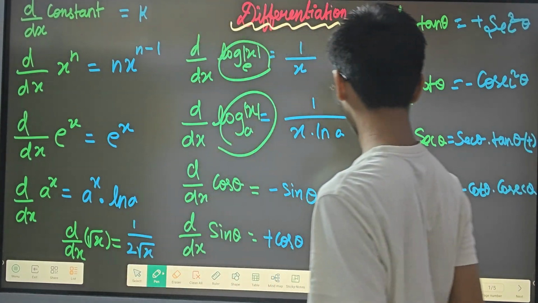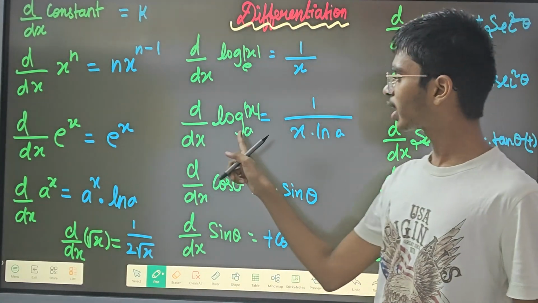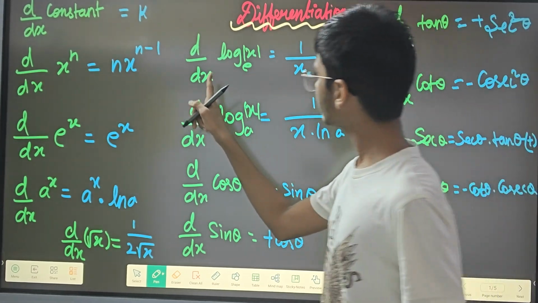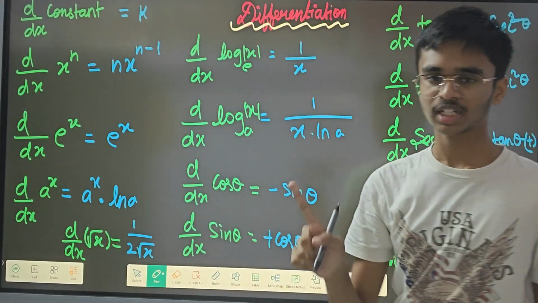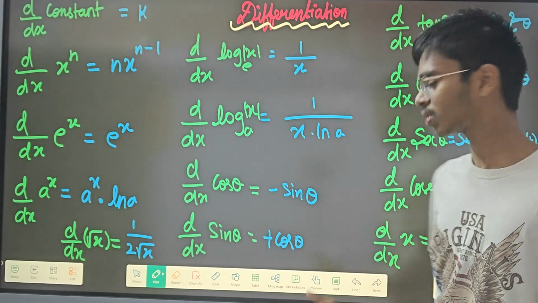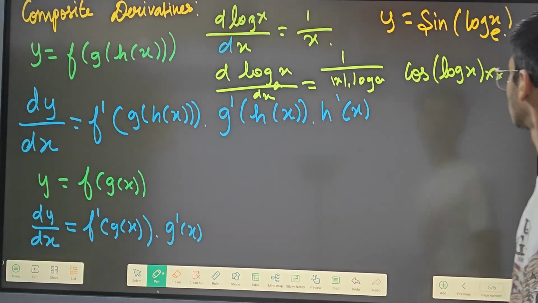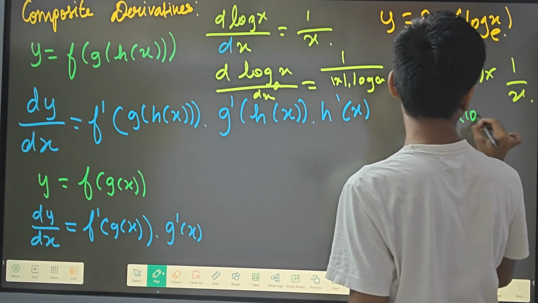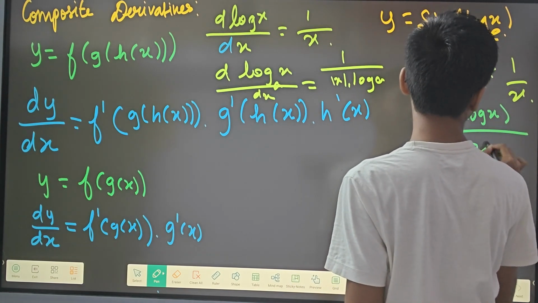This is also a natural logarithm. If something is given in common logarithm, then the differentiation will convert it into natural logarithm. If something is given in natural logarithm, it will be converted into just the inside. That's it. So you can write it as cos of log x whole divided by x.